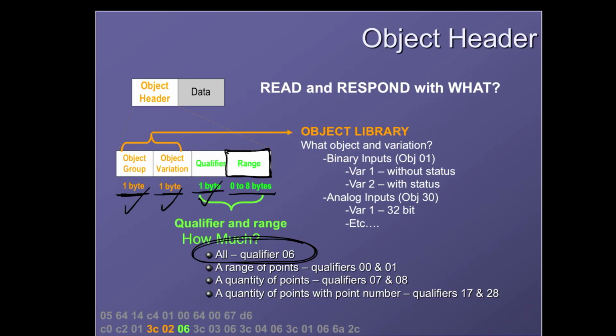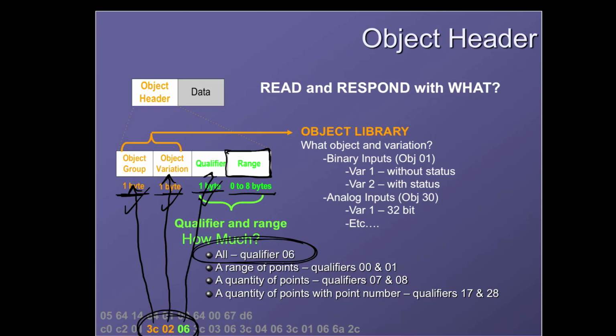Okay, and by the way, guys, if we look down here at the bottom, this is where we have our object header in our request message that we've been looking at. If you line this up byte by byte, here's the first byte that would go there, here's the next byte that would go there, and the 06 would be the qualifier here.